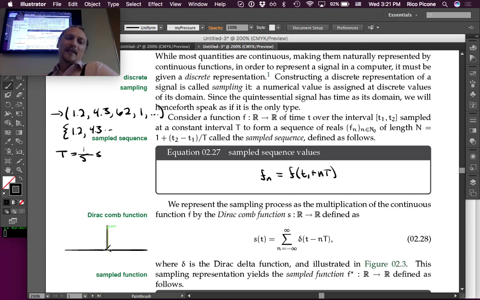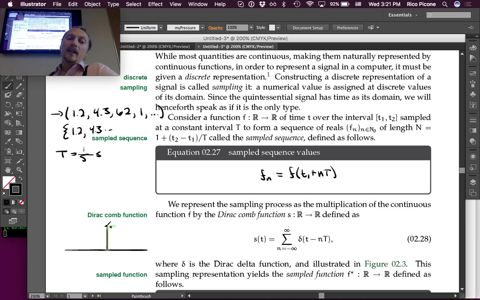It's defined as being 0 everywhere. At time equals 0, it's not technically defined, it doesn't evaluate to anything finite, but it's considered in the distribution sense, where there's an integral across it that's defined, and that integral is 1.